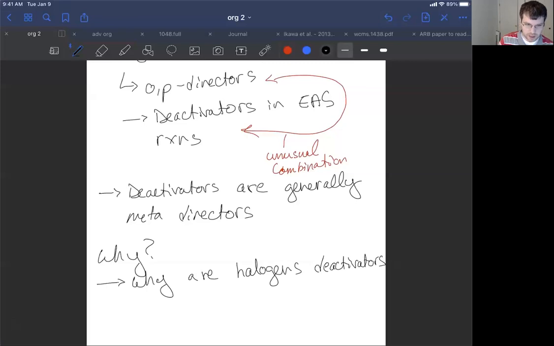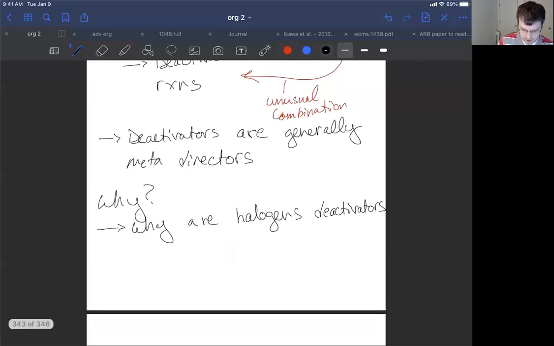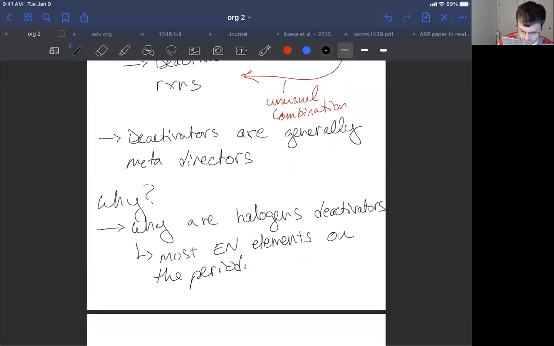Well, it turns out that halogens are the most electronegative elements on the periodic table. Okay, just a fact. We've seen that for a while now. We could draw a mini periodic table with an O and then an entire group 7.